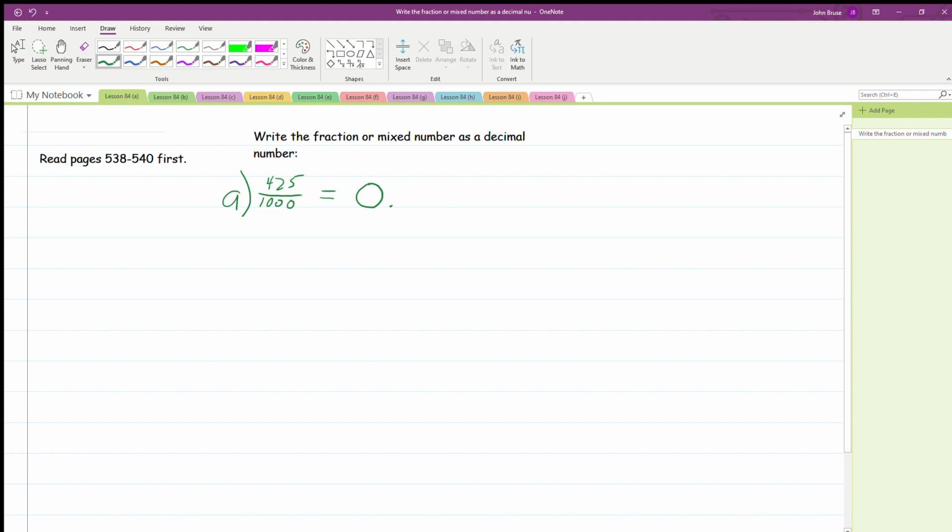And if you remember, this here is our ones place, and this spot here is going to be our tenths place. And then this spot here is going to be our hundredths place. And then the last spot here will be our thousandths.